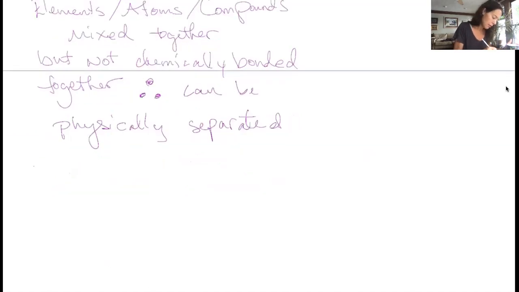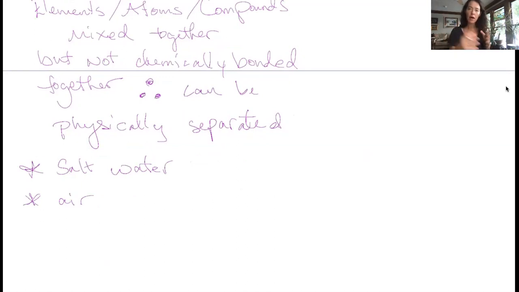What are some examples of a homogeneous mixture? Salt water. Air is a mixture of a lot of gases, and they're all evenly dispersed, so it's the same throughout. So that would be considered a homogeneous mixture. Coffee, right?